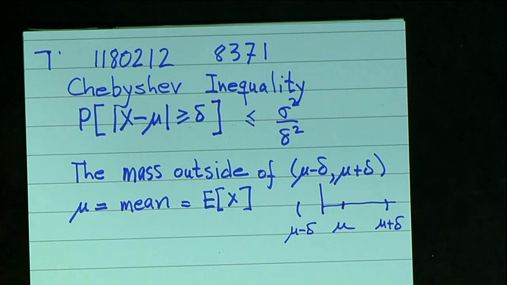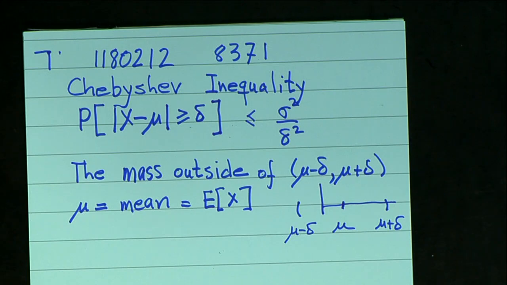It says that it's less than sigma squared over delta squared. Well, if delta is equal to sigma, then this says that the mass outside is less than 1. Well, that's kind of obvious, isn't it?